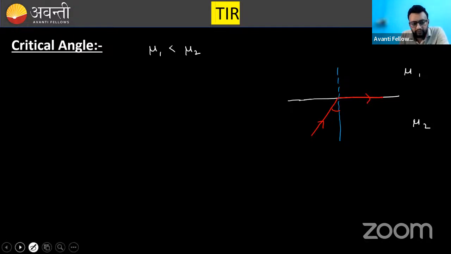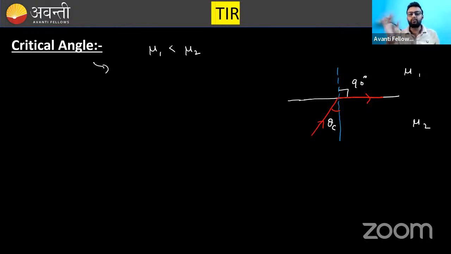So this angle of incidence at which the angle of refraction becomes 90 is known as critical angle and is generally denoted by theta c. So what is critical angle? It is the angle of incidence at which the angle of refraction becomes 90 degrees. Is it clear? And it happens when the ray is traveling from denser to rarer medium.